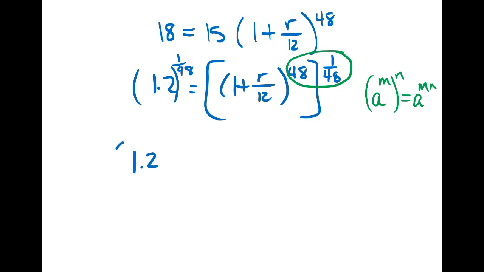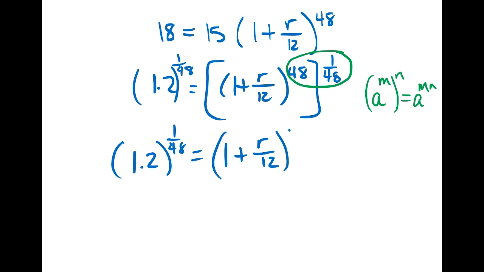Now that simplifies, so the left-hand side stays the same for now, and we get 1 plus r over 12 to the power of 1. And of course, raising something to the power of 1 just leaves it alone, so I'll just go ahead and erase that. Now we can finish solving for r, so I can subtract 1 from both sides.